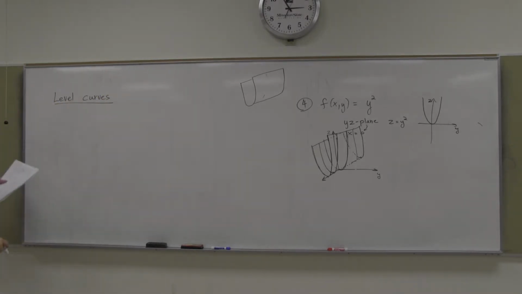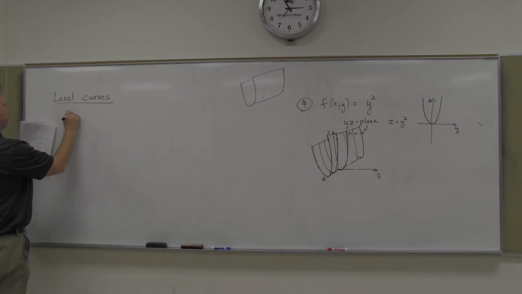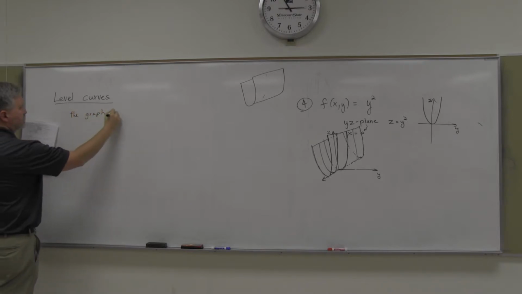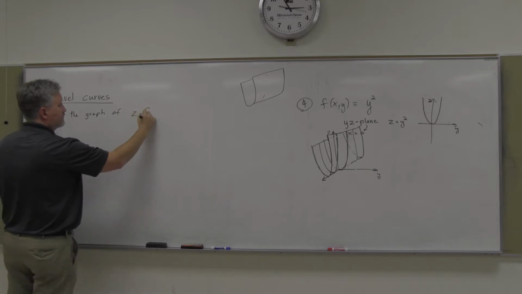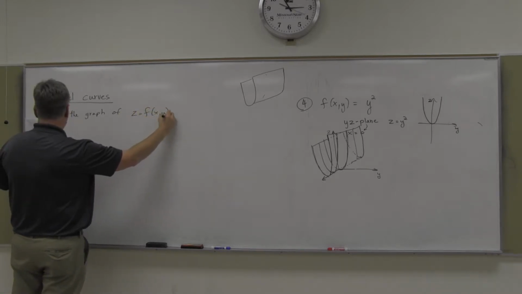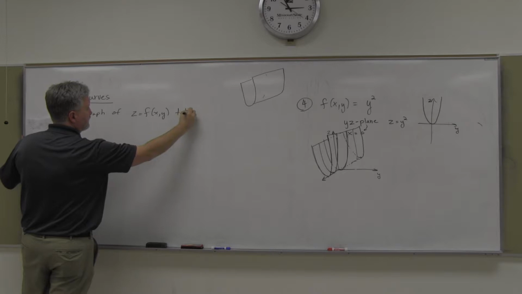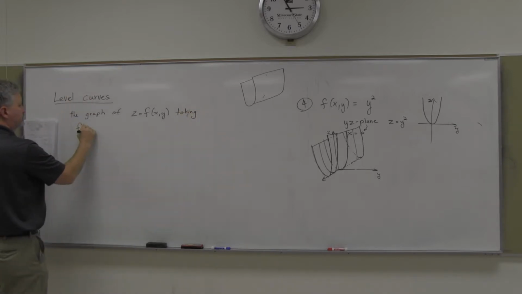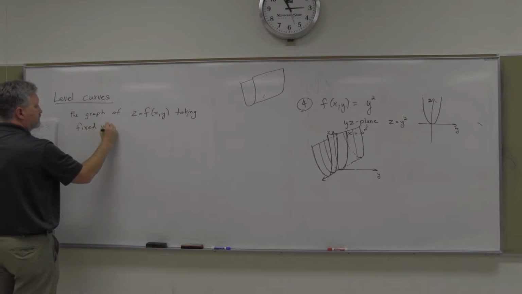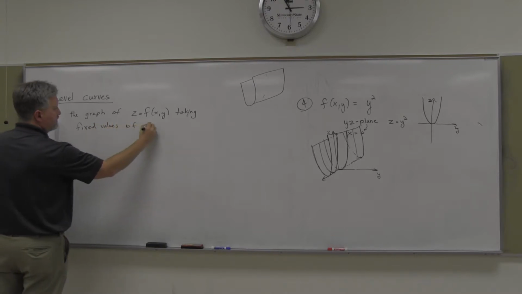So what a level curve is, it's the graph of z equals f of x, y, taking fixed values of z.